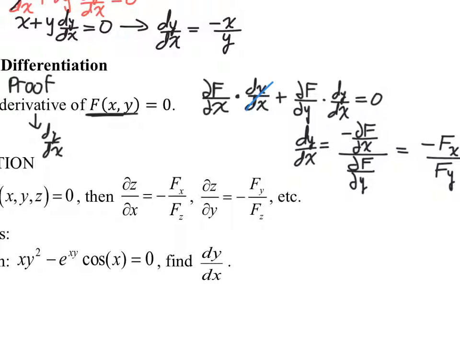But after you do all that work, you'd have to do the algebra to get dy/dx alone. This new method allows us to find the partials. So use this technique, find the partials, and just divide them in the appropriate ratio.